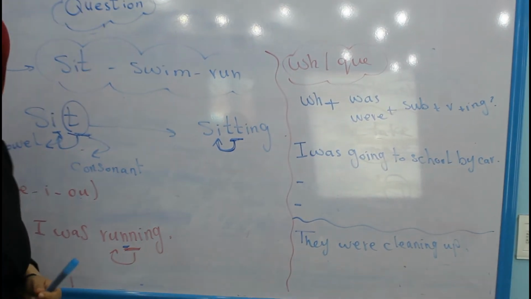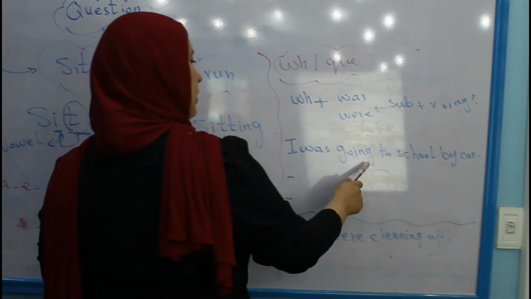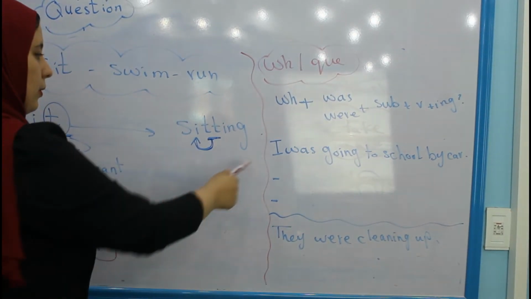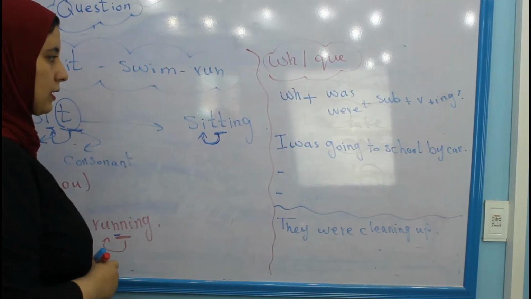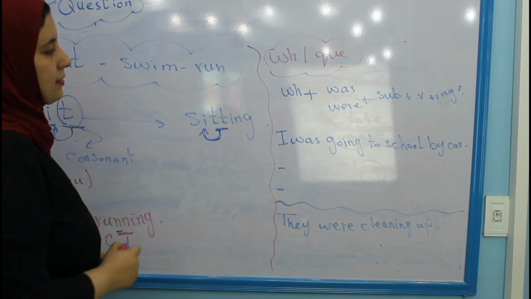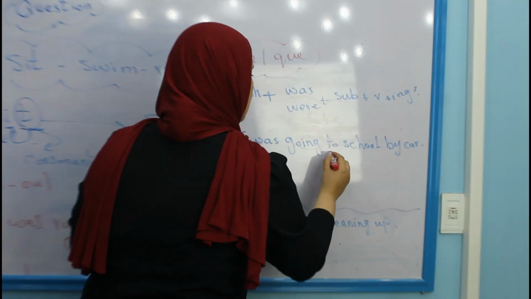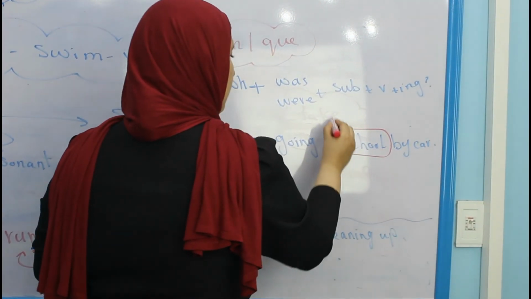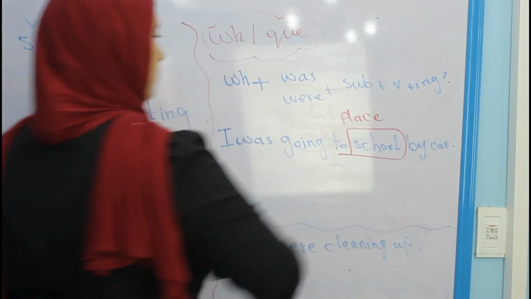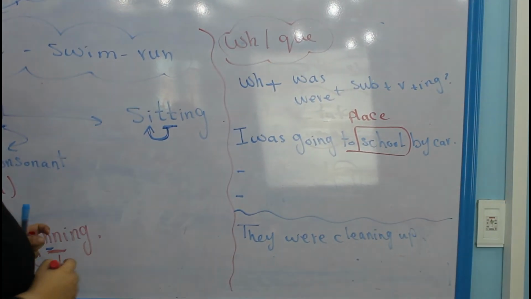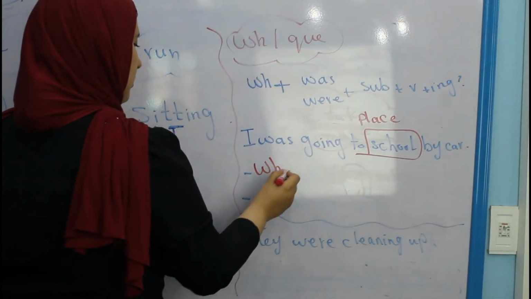For example, I was going to school by car. Here I want to make a question. First, we should look carefully at the sentence. I was going to school. School is a place, so we can start with where.